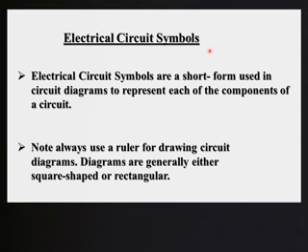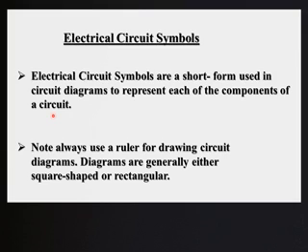Electrical circuit symbols are a short form used in circuit diagrams to represent each of the components of a circuit. So when we draw a circuit diagram, we use a short form of these electrical components.